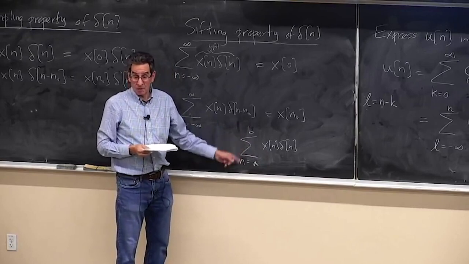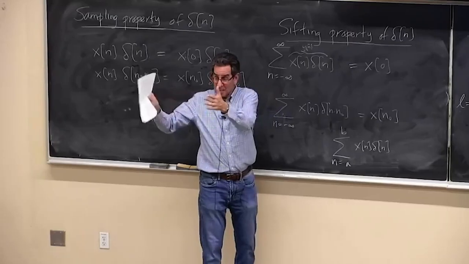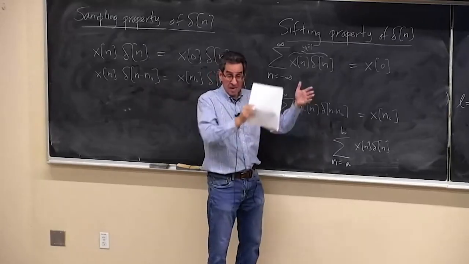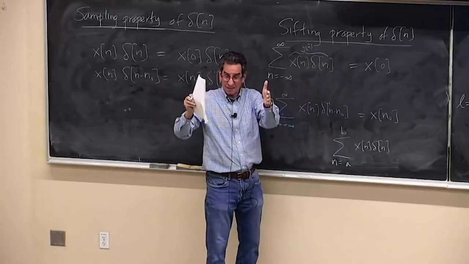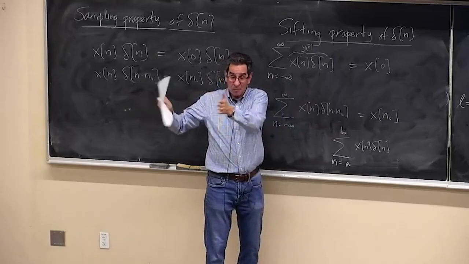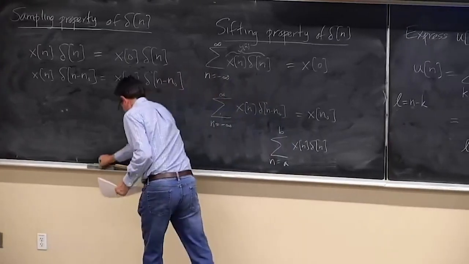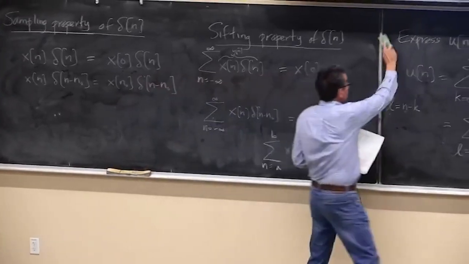You can just visualize and slide that a-b window, and you can tell what properties of a and b are going to capture that stem at 0 and which values of a and b are going to miss it. So I'll leave that to you to play around with those cases.